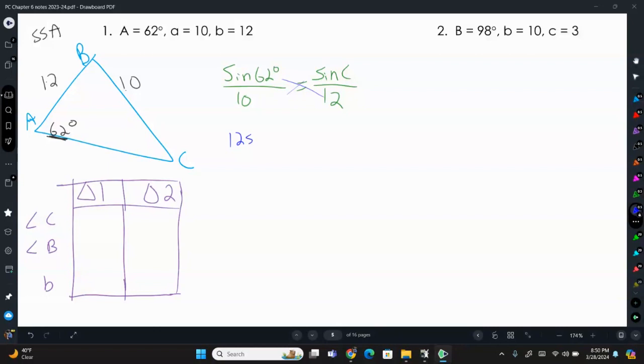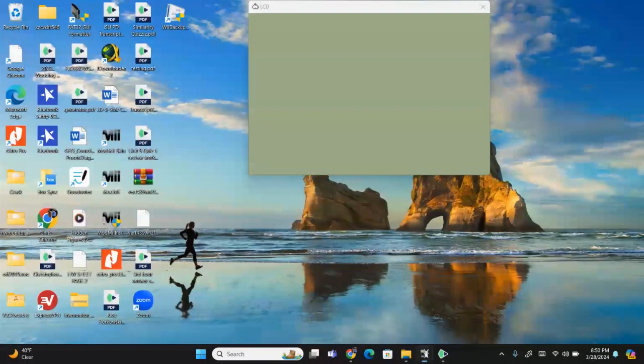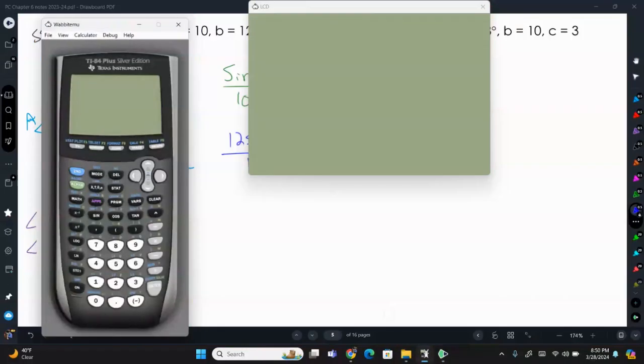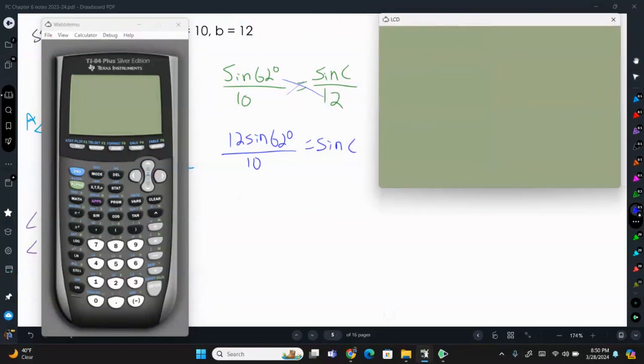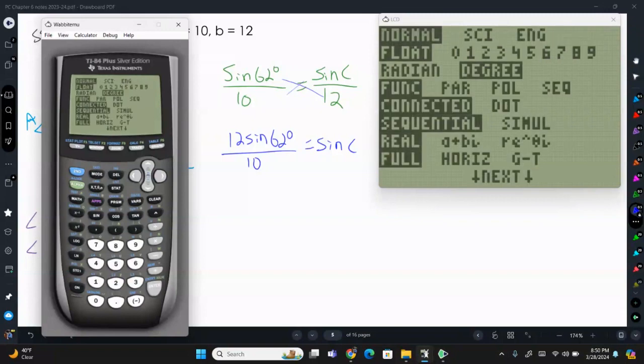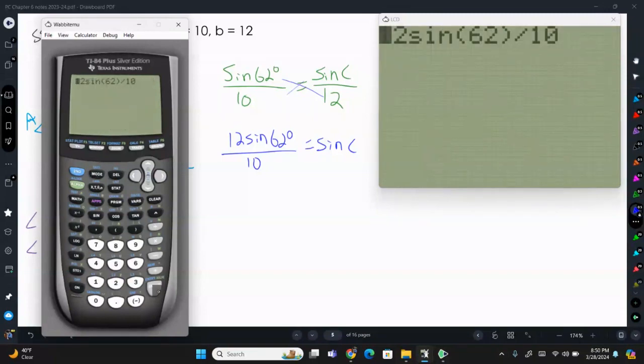So we have 12 times the sine of 62 degrees over 10 equals the sine of C. So we type that into our calculator, and for the first few I'll do it on screen, and then I'm going to do them off screen because it's a little bit quicker. 12 times the sine of 62 degrees divided by 10. I'm going to make sure I'm in degree mode. Good.